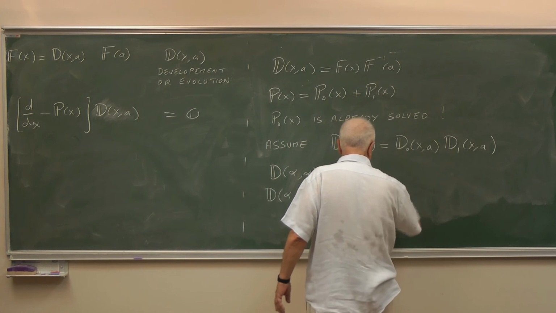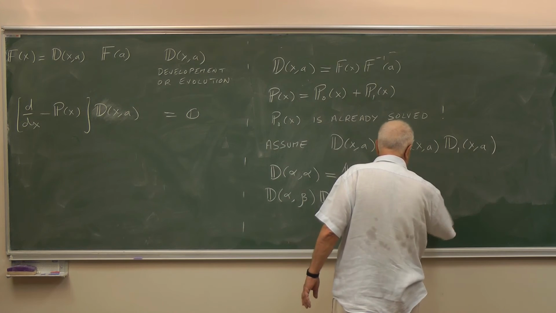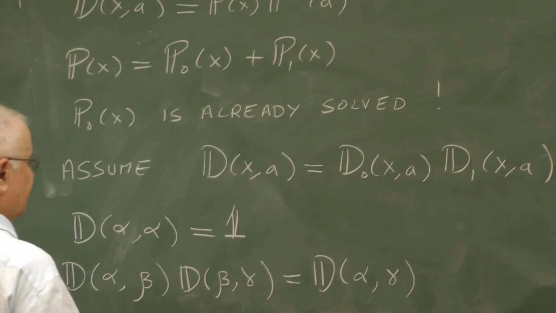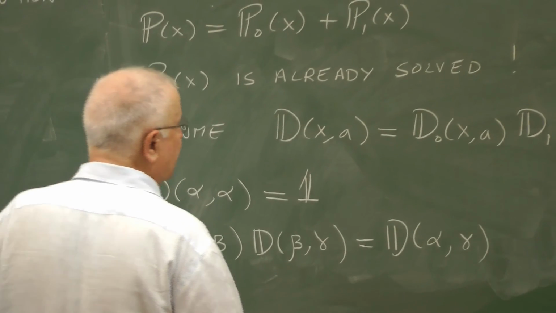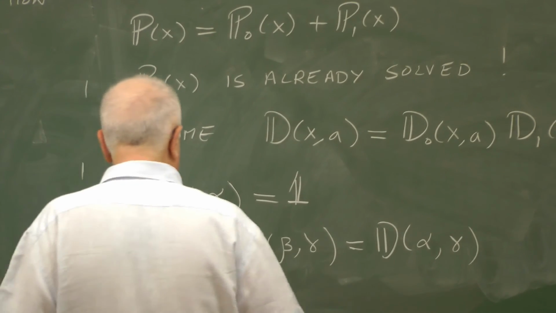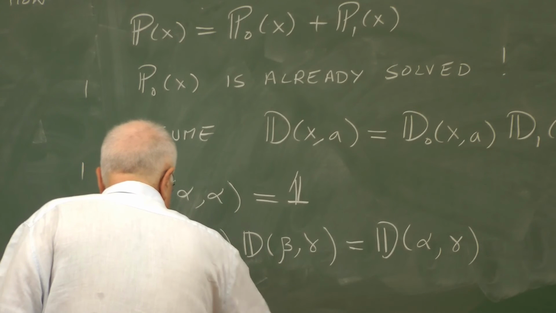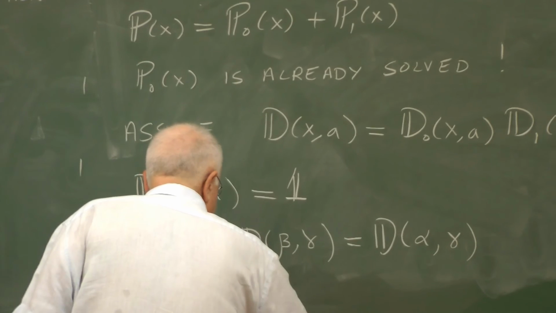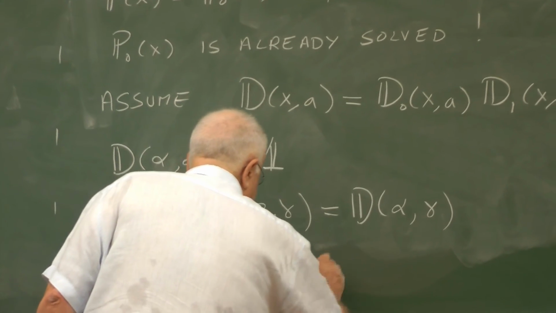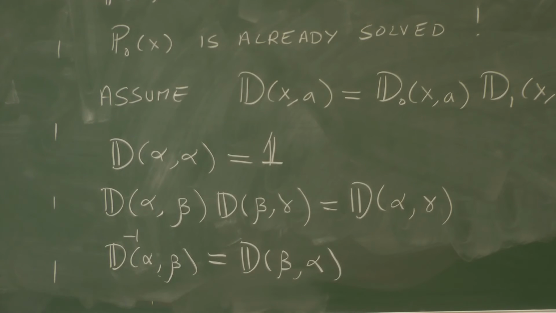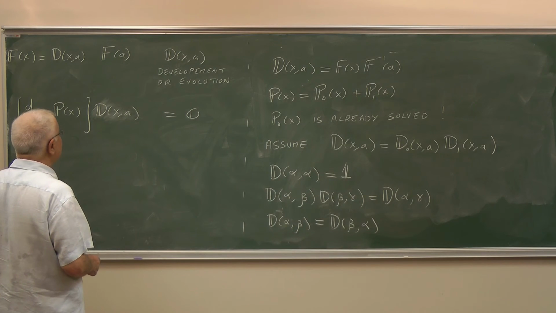This should be d of alpha gamma. And using this setting, for example, gamma equals alpha, you see that d of alpha beta inverse is d of beta alpha. These are typical properties of a development operator.